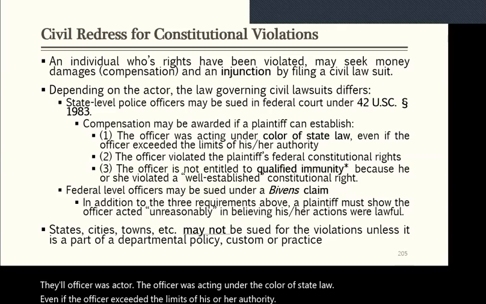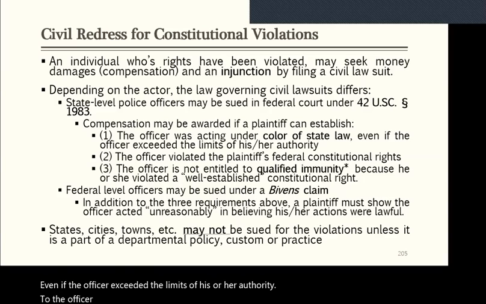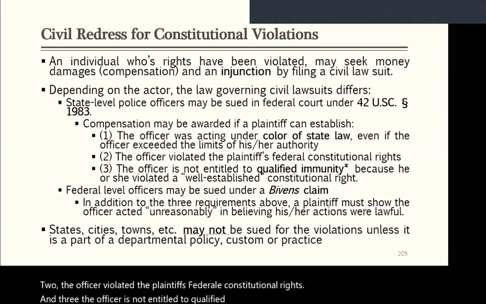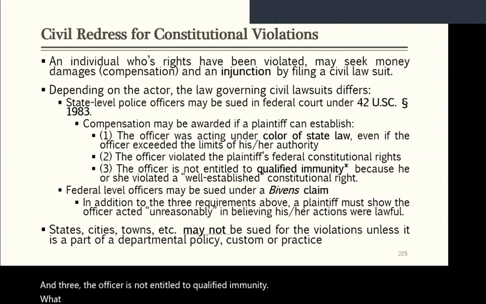Two, the officer violated the plaintiff's federal constitutional rights. And three, the officer is not entitled to qualified immunity. We'll talk about what qualified immunity is in a minute, because he or she violated a well-established constitutional right.